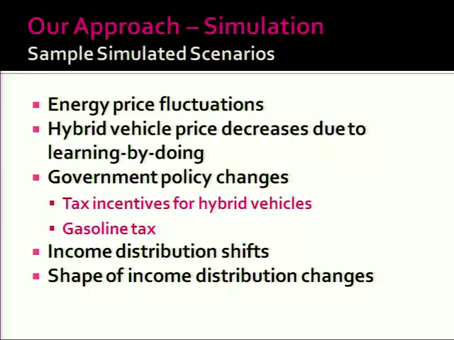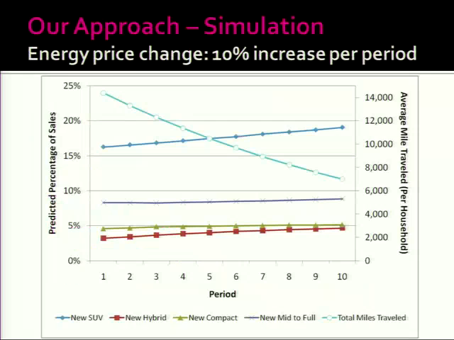And we came up with all kinds of different scenarios to forecast this, but obviously this was from a 150-page dissertation, so you won't see any of it aside from this one graph. So this one was, we tried to see, OK, if gas prices just went up consistently 10% every single period, the period that we define here, it could be a year, it could be shorter or longer periods of time.